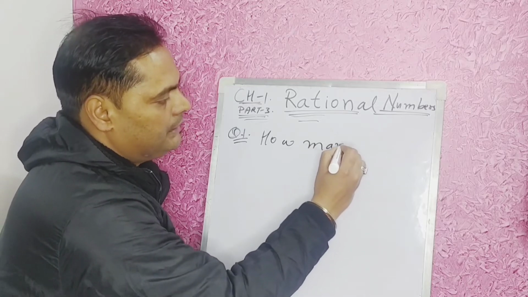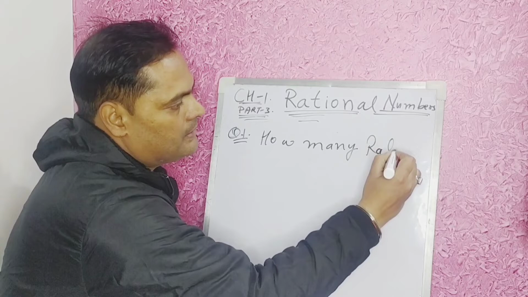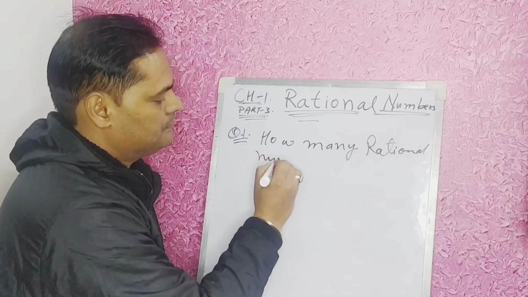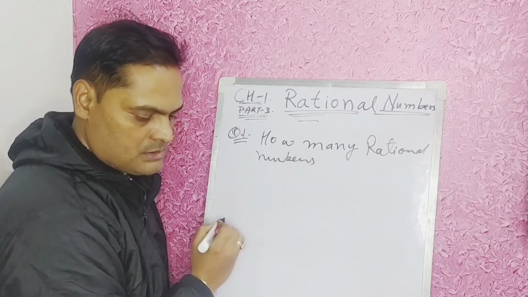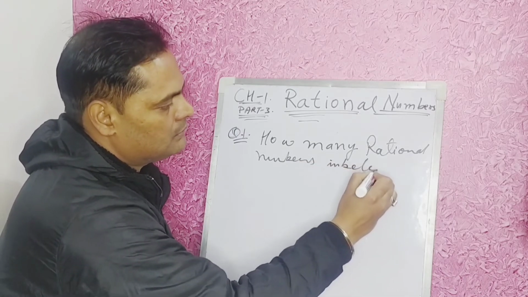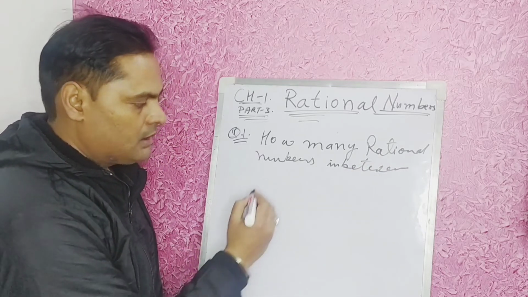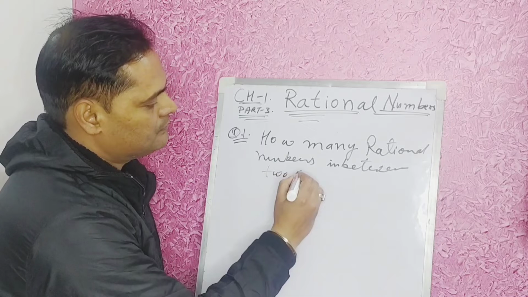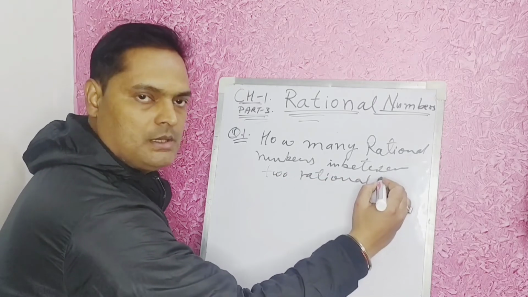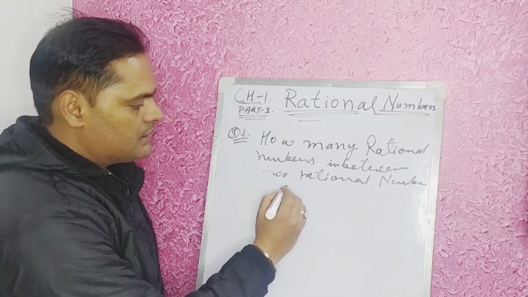One or two of the questions will be based on this concept: how many rational numbers in between two rational numbers. So let's take an example.